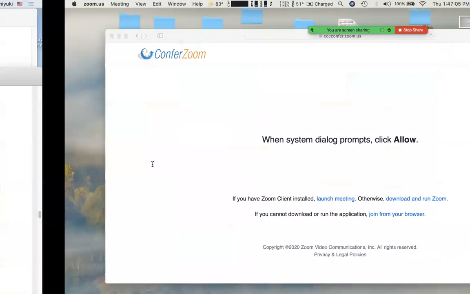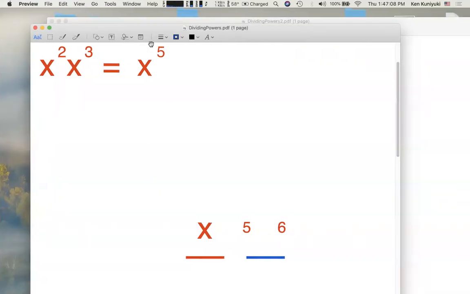Now what happens when you divide powers of x? Well, let's take this original statement over here, and let's start by turning it around. I'm going to put the x to the fifth on the left, and I'm going to put the x squared times x to the third over on the right.